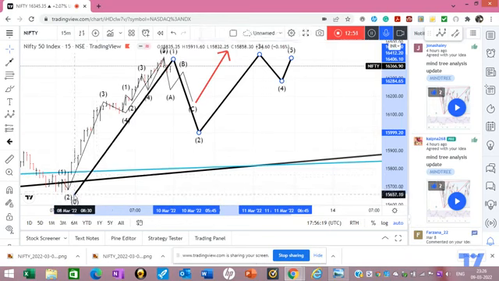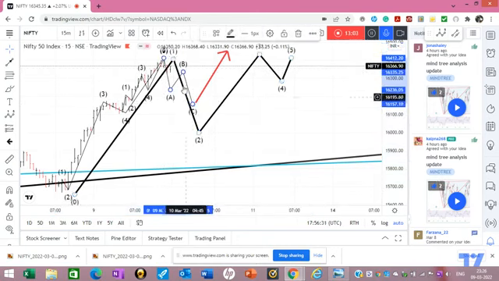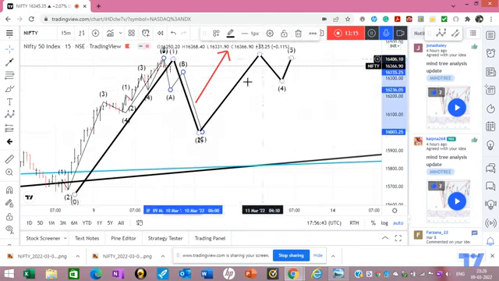The first wave is more or less over, and we should have A, B, and C corrections. The first wave corrections can go to the extent of say 61% also. No issues. We should have corrections, and then we will have an up move.